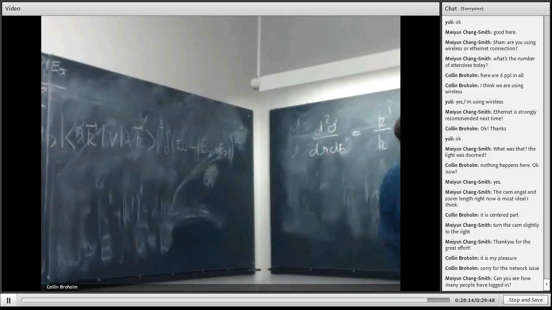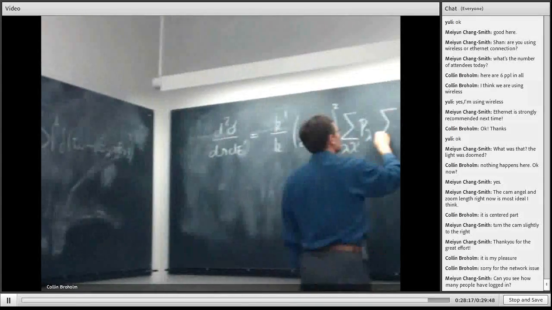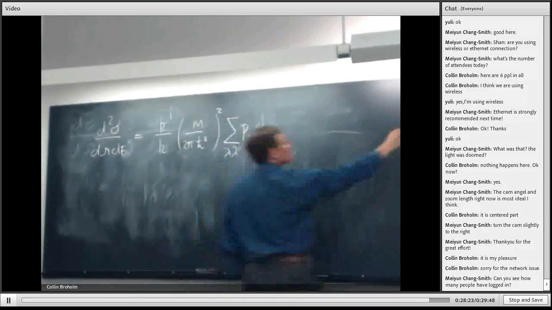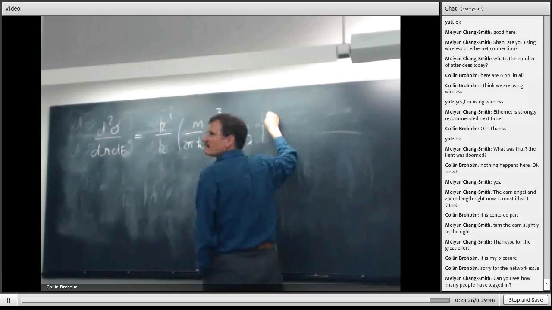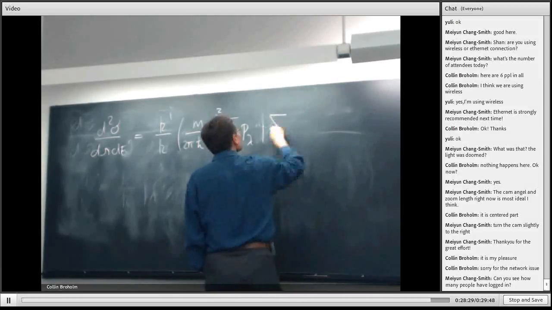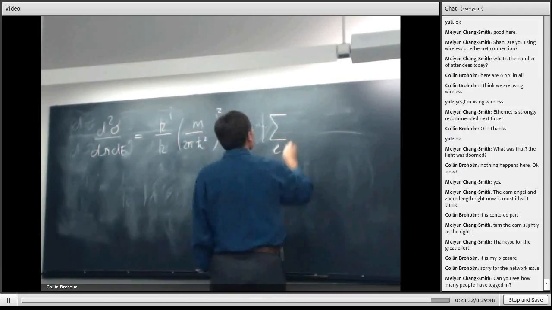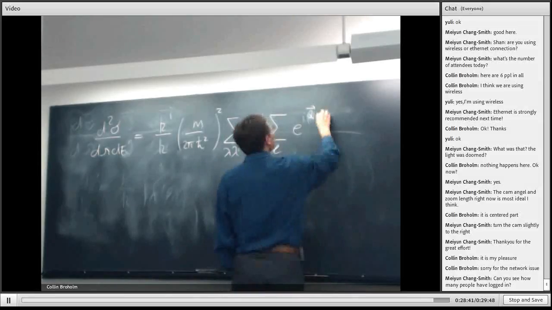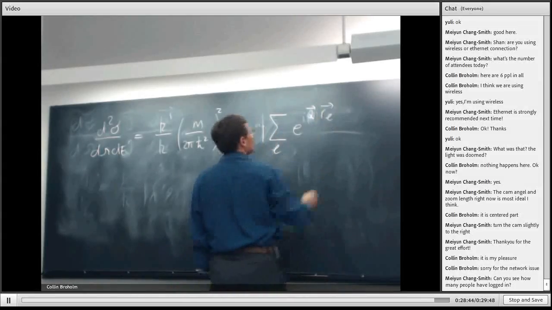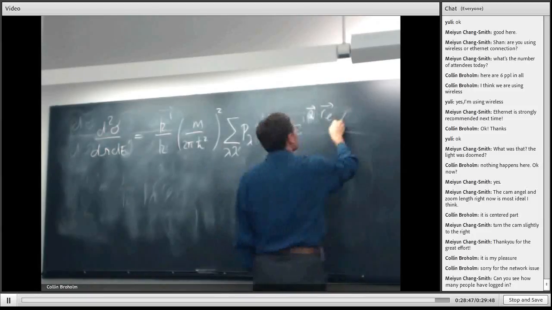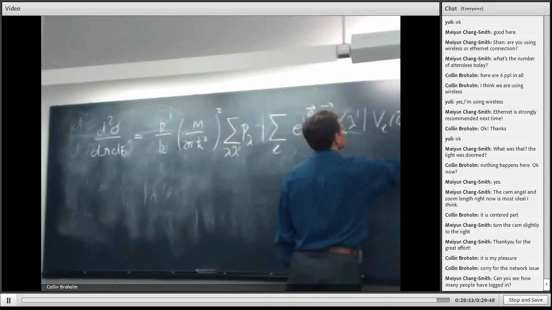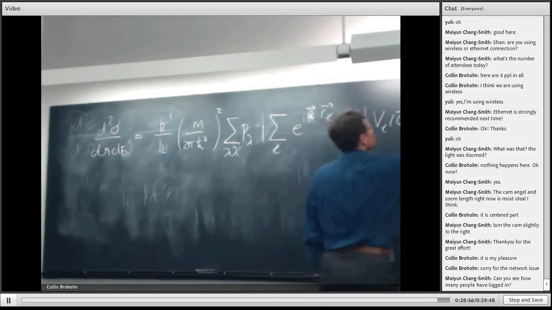And then in my potential, I still have my absolute value squared, but now I have a sum over all these different lattice positions of e to the i q dot R_L, and then I will have my matrix element, which is lambda prime, then V_L of the Q vector, then lambda, and all of that has to be squared.